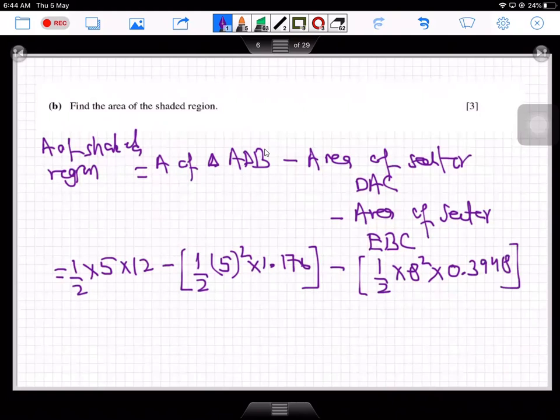So 5 multiplied by 12 divided by 2, this is 30. Then minus 5 square multiplied by 1.176 multiplied by half, this is 14.7. And then 8 square divided by 2 multiplied by 0.3948. This is 12.6336.